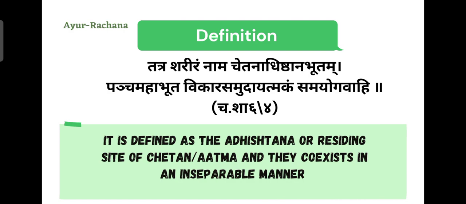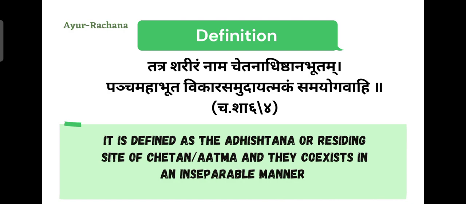What do you mean by Chetana? It is nothing but the Jivatma that resides within the body, isn't it? So a Sharira is defined as the Adhishthana or the residing site of Chetana. And Chetana is nothing but the Jivatma.